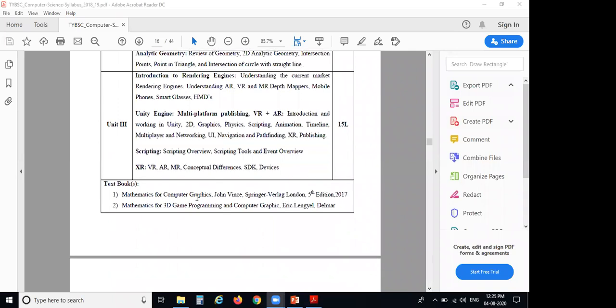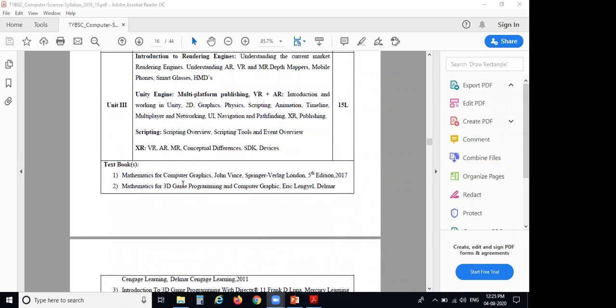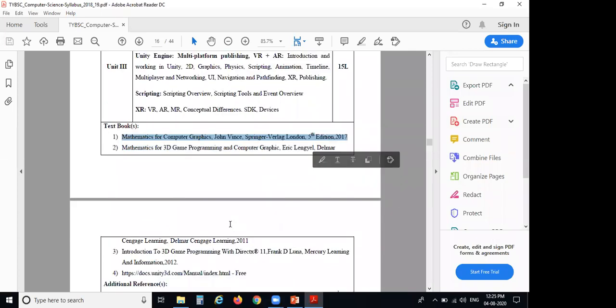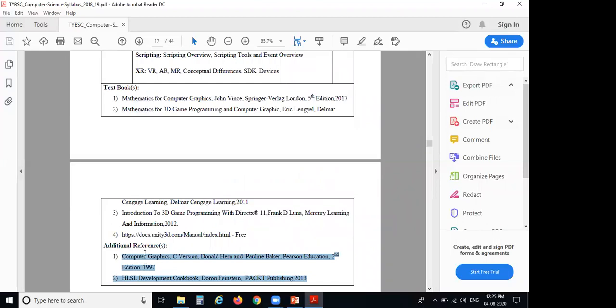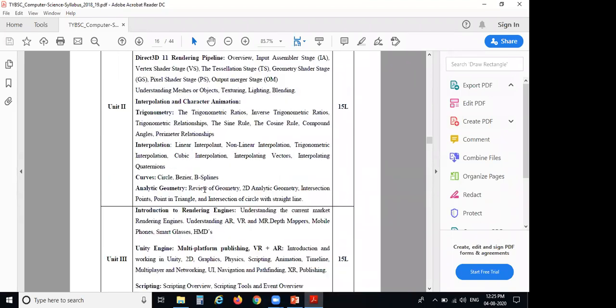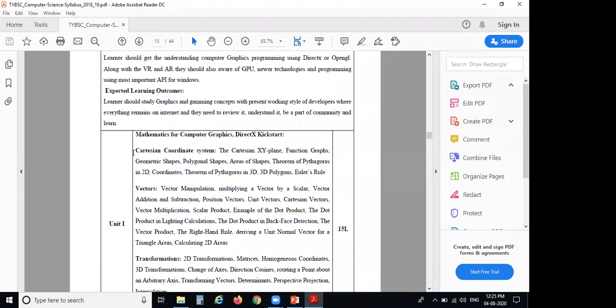For game programming, you have to follow the textbook given here, Mathematics for Computer Graphics, and additional references are given here. If you want detailed information about the concepts, you can refer to these additional reference books. Okay, so let's start with our unit first and chapter 1, Cartesian coordinate system.